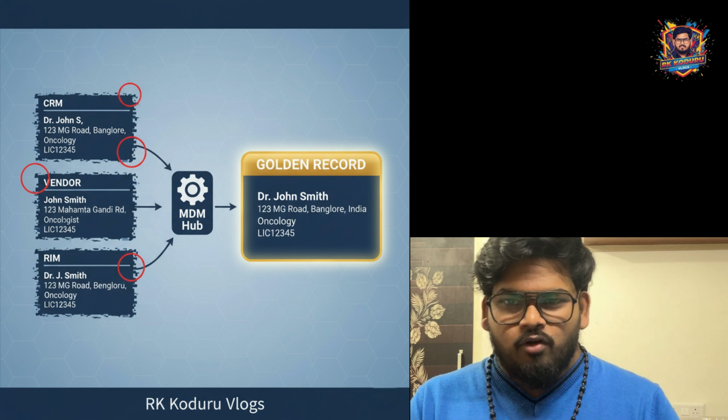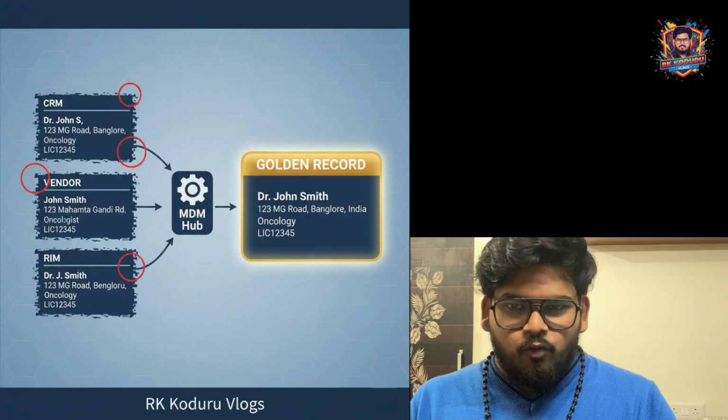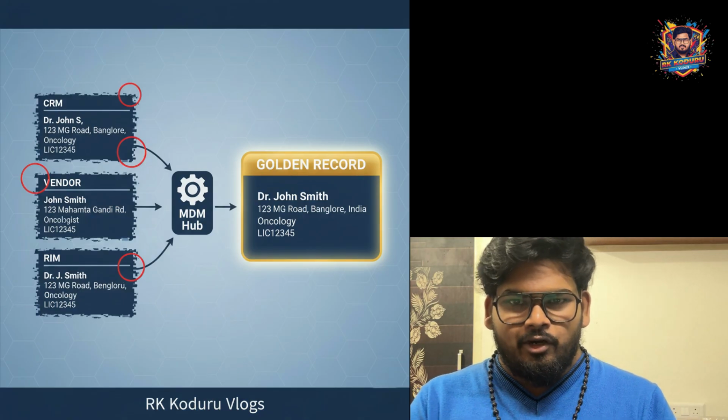It is the one record for John Smith that your entire organization agrees to use. It is created through a careful process of collecting, cleaning, and merging data from those different conflicting systems. This is the single source of truth we are searching for.